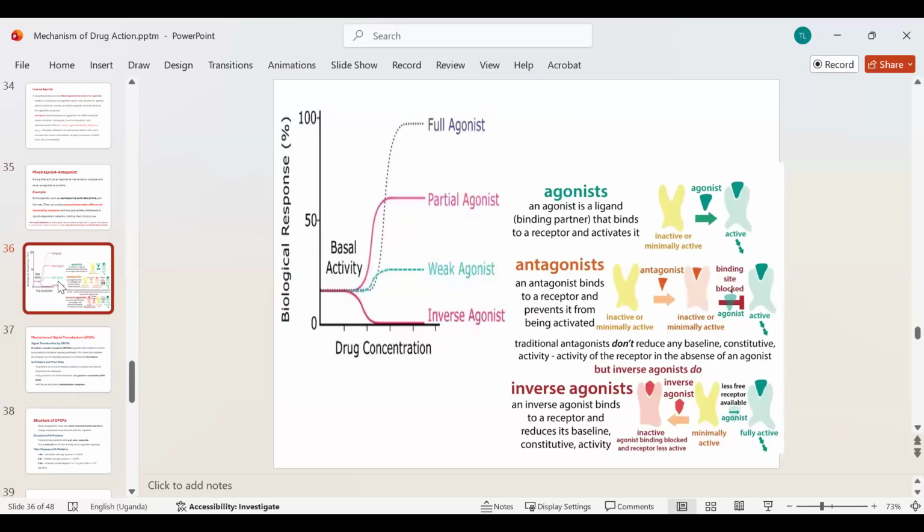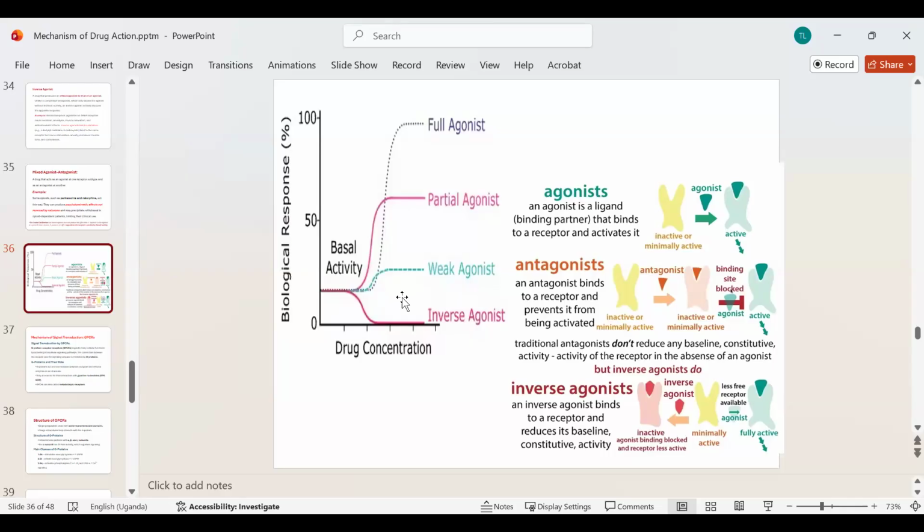So this is what I want you to understand. Some of those curves are showing you the full agonist, the partial agonist, a weak agonist. The antagonist has been missed. I didn't realize it, but the antagonist is supposed to be there. I wish I could draw it now, but I'll give you the slides.